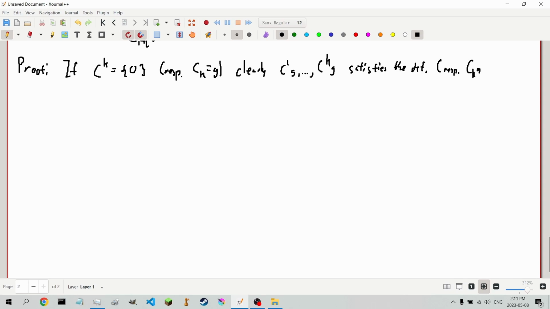Especially, C^k of G is decreasing up to C^0 of G. Hence, G is nilpotent.